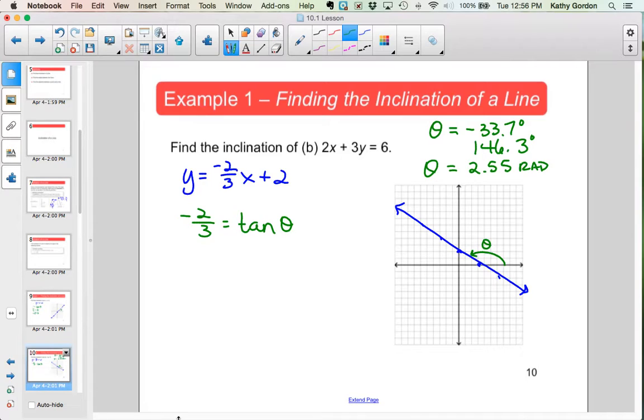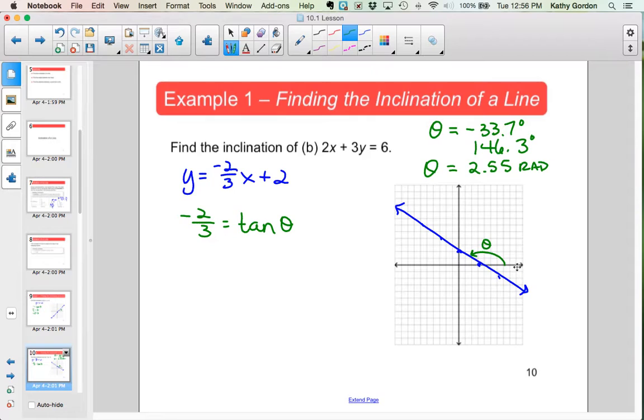So we then have to use what the calculator tells us and make it work for what we're actually talking about. Okay, the calculator is not going to give us the 146.3 because it's not within that restricted range that we're allowed for an inverse tangent function.